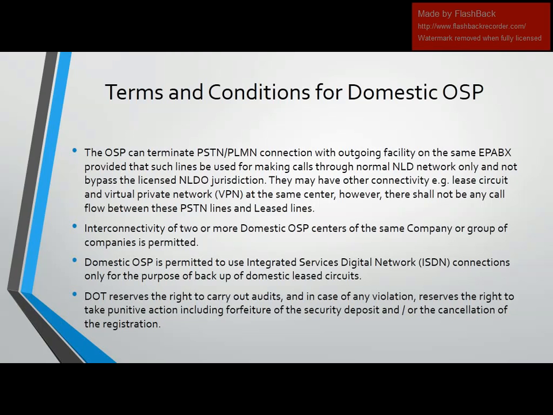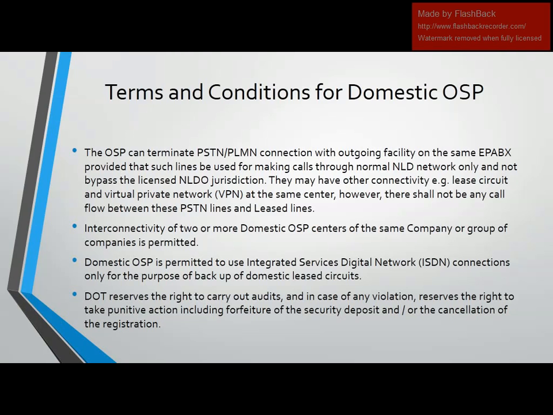They may have other connectivity, for example, lease circuit and virtual private network at the same center. However, there shall not be any call flow between these PSTN lines and lease lines.